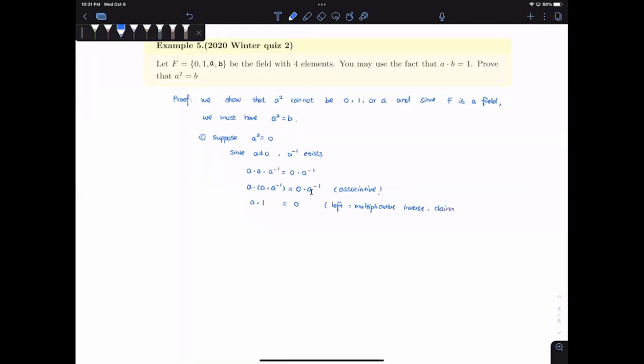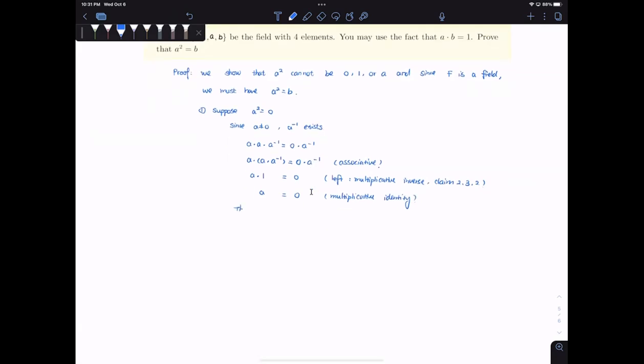What is the claim number again? 2.3 point something, 2, okay. Nice. So this side will give you A equals 0. So this is multiplicative identity. All right, so this is impossible, since we must have 4 distinct elements.